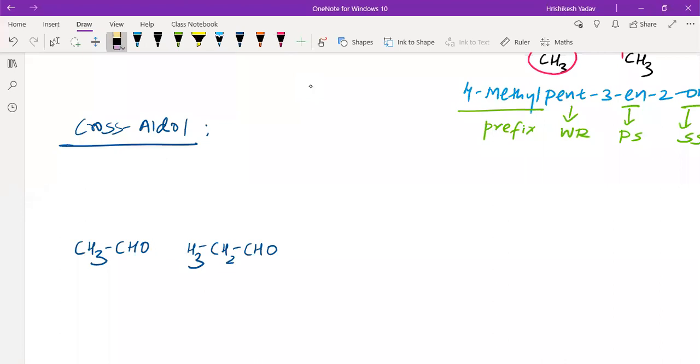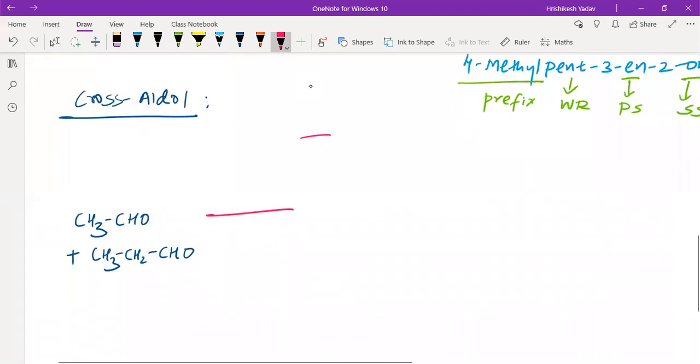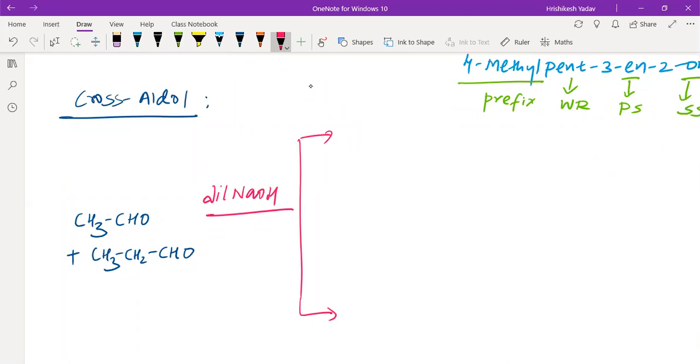To get more space here, I'll write acetaldehyde plus propionaldehyde, and this is treated with dilute NaOH. So which products will we get?